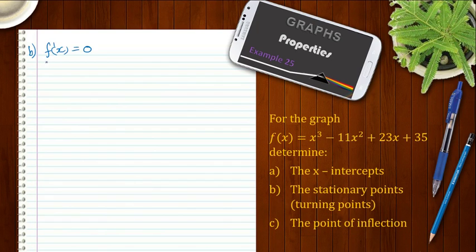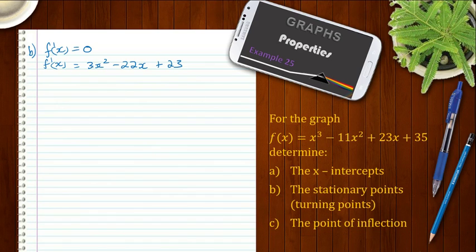So the first derivative of our function is 3x squared, because if I derive this, 3 times 1 is 3, minus 1 is 2, then minus 22x plus 23. Now we can try to factorize this, but I know that this can't factorize, and to save time, I'm not going to look for the factors.